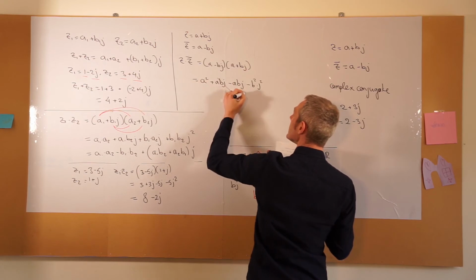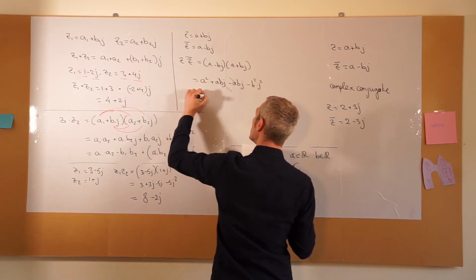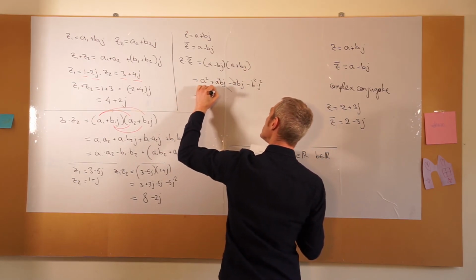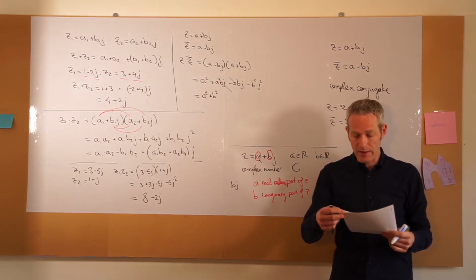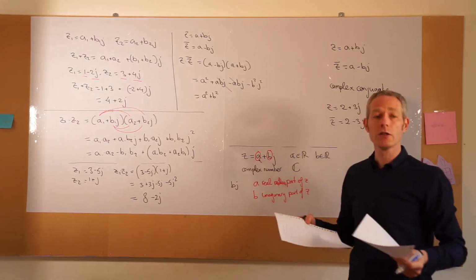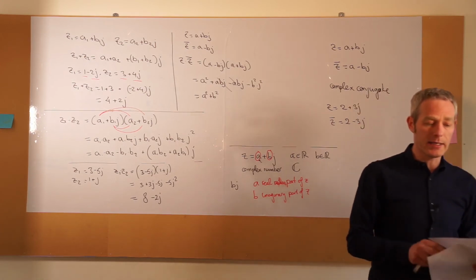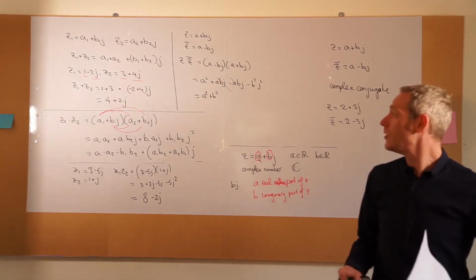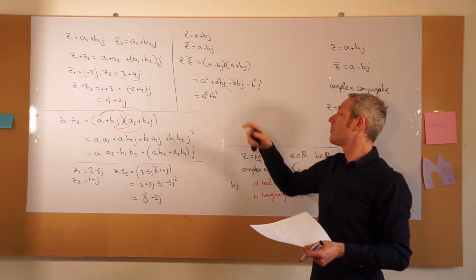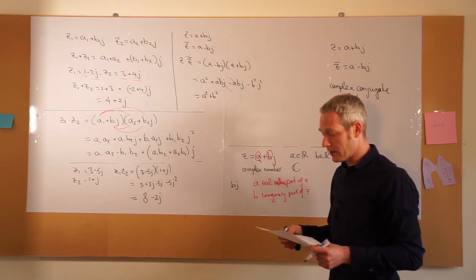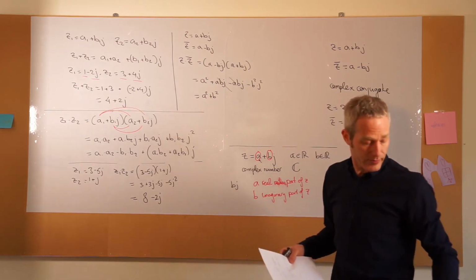Now these two cancel out and we are left with a squared plus b squared, and this result will be used a bit later. But if you multiply a complex number by its complex conjugate, you end up with the real part squared plus the imaginary part squared.